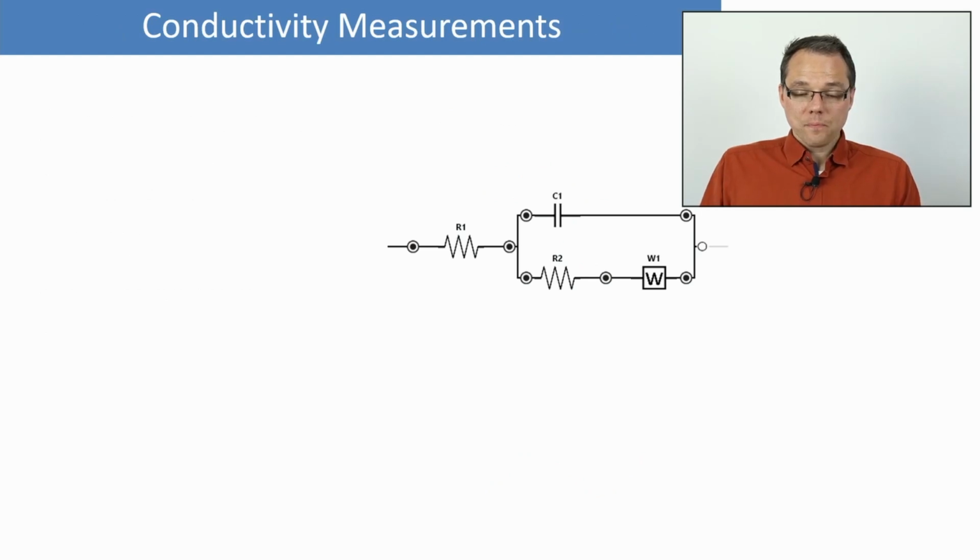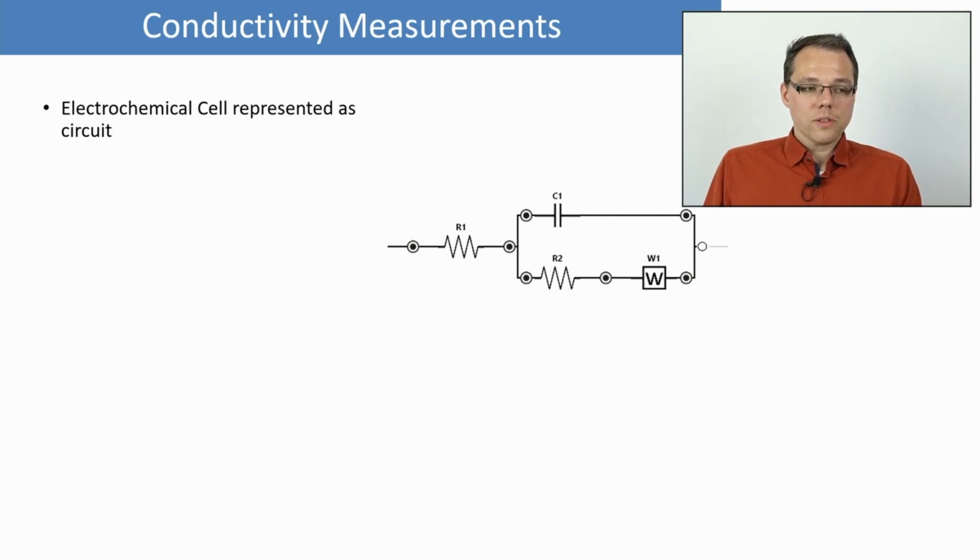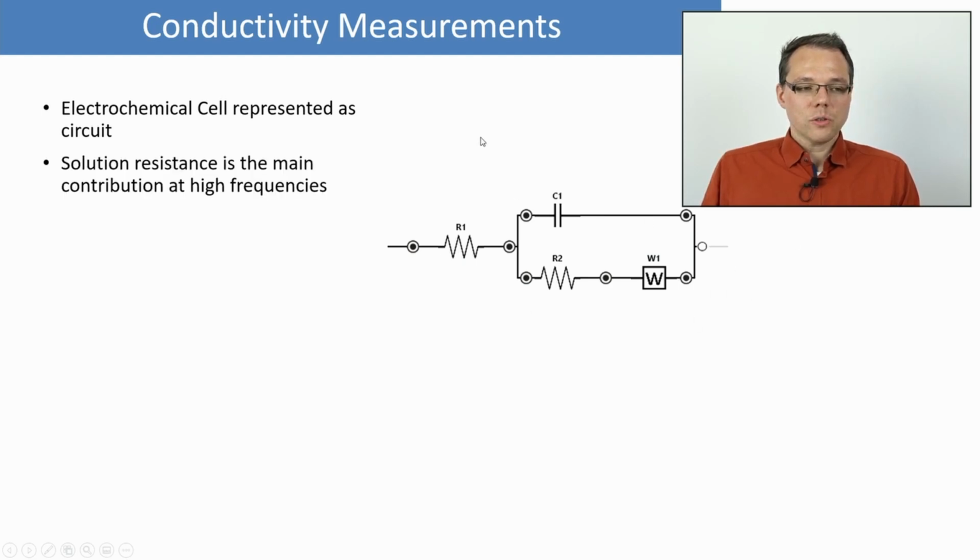Okay, today we want to measure conductivity to then correlate that with salinity, and we can do that by first thinking about our system as an equivalent circuit. It looks a bit like you see it on the left side. I'm not going too much into detail, but what I want to say is that at high frequencies, the solution resistance is the main contribution.